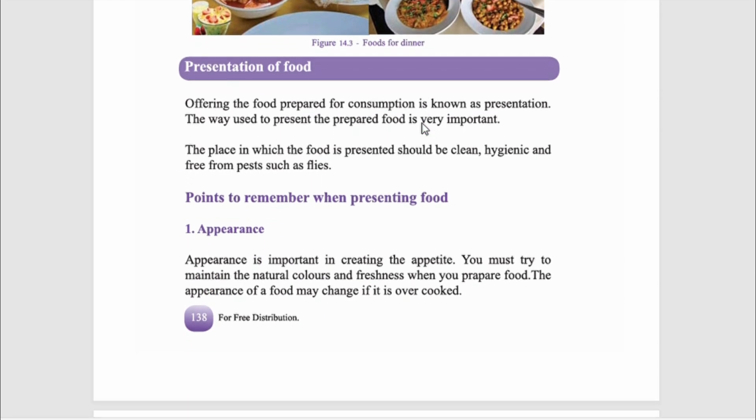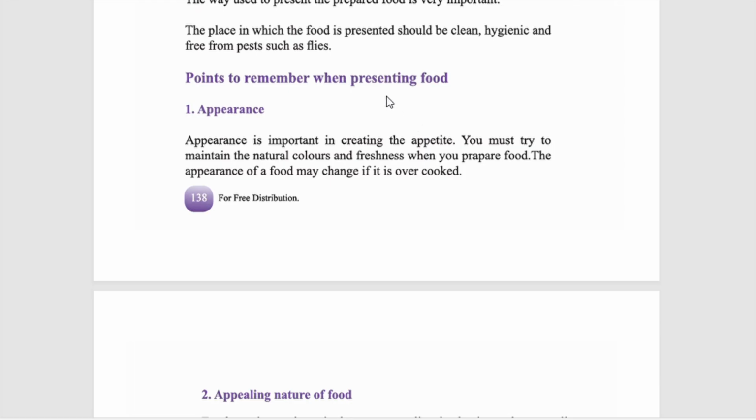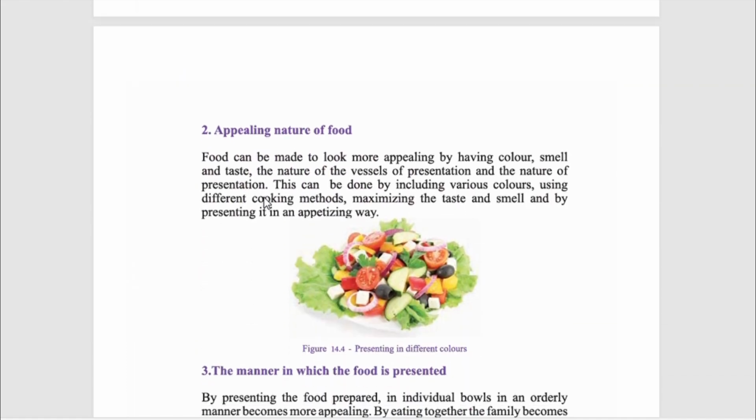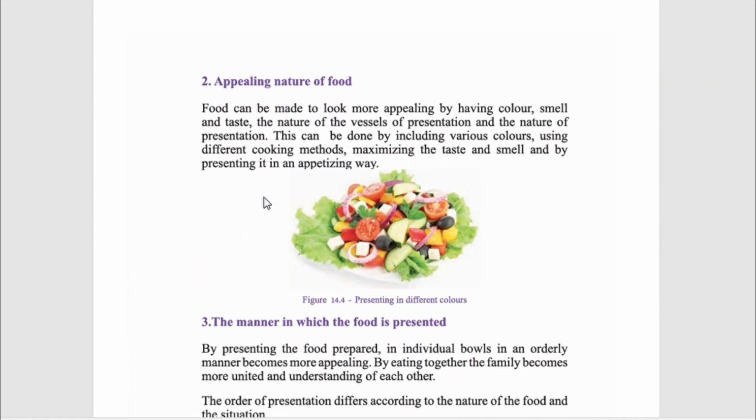So here are the points to remember when presenting food: appearance, as I said, the colors, the freshness. When it is overcooked, the green color disappears. So we have to consider everything when we are presenting. Appealing food means, like, raw foods such as cucumber and tomatoes, for which we can use various methods of preparation.